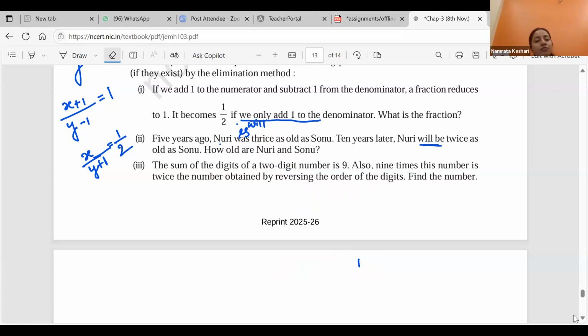Believe me, it is the same concept-based question you have done. You cannot expect the same question. Of course the story will be different, the scenario will be different, but the concept will be the same.